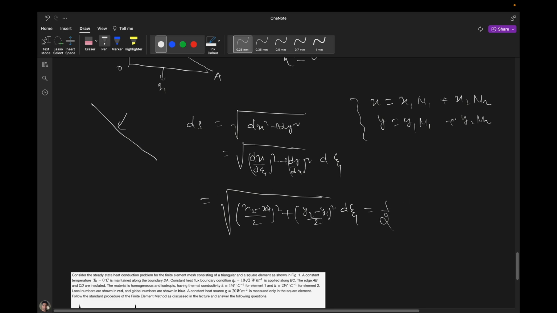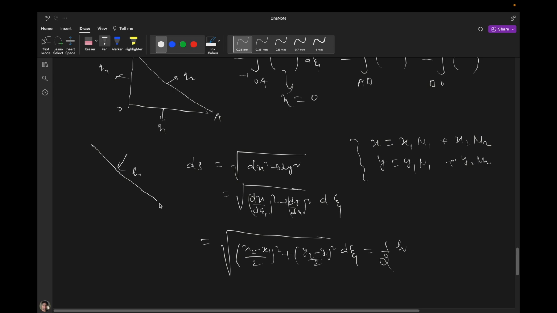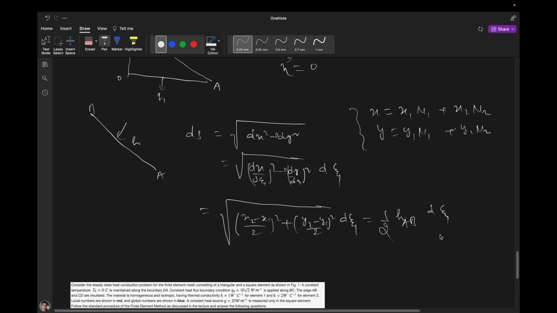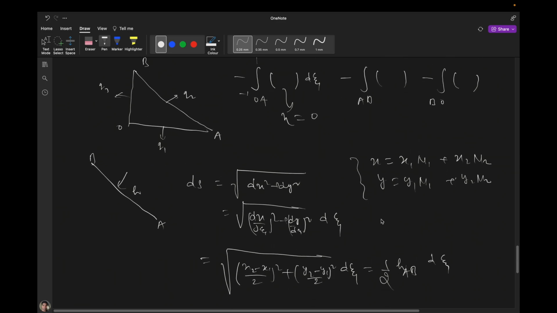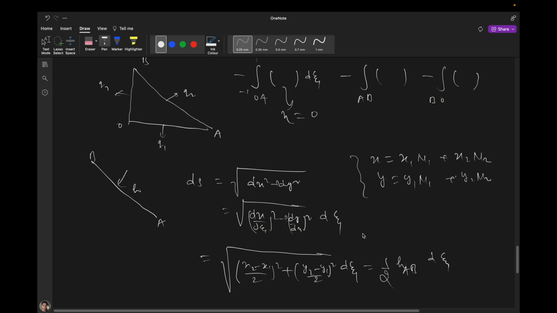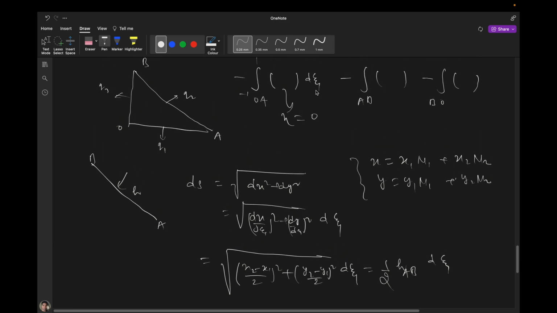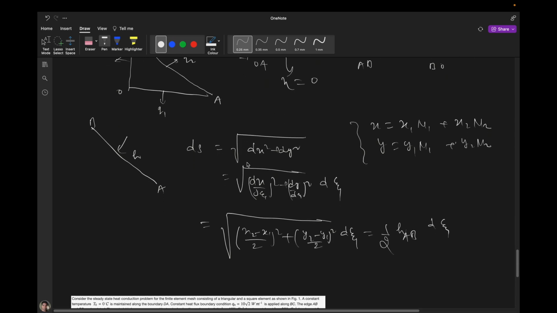This is nothing but half the length of this line. Suppose this is AB, so this becomes H AB by 2, and now simply ds becomes H AB by 2 times del xi. Now we can easily write whatever the equation is. Simply we have to integrate from -1 to 1.